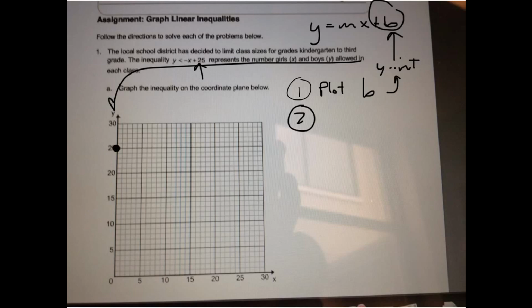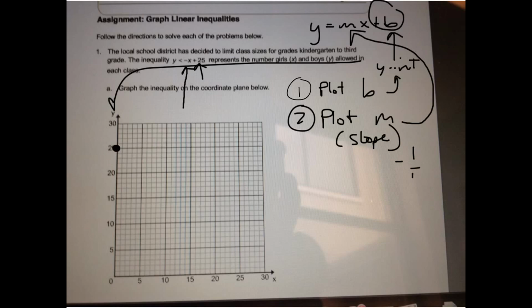Now after that, all we do is we plot the m, which is our slope. In our equation, that is in front of that x. Now it's only a negative there, but we know that's essentially negative 1 because 1 can always be multiplied by that. So our slope in this one is negative 1, and it's always over 1.